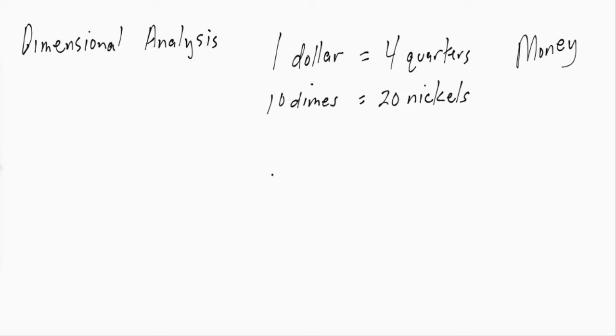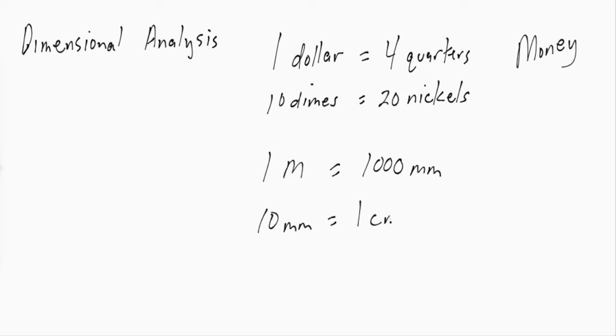Another example is, what if it's distance? You could say 1 meter is 1,000 millimeters. That's also equivalent. Or you could say 10 millimeters is equivalent to 1 centimeter.